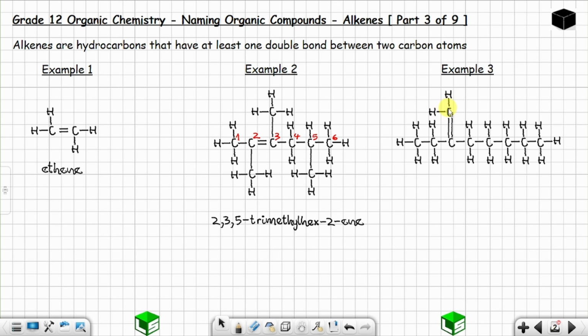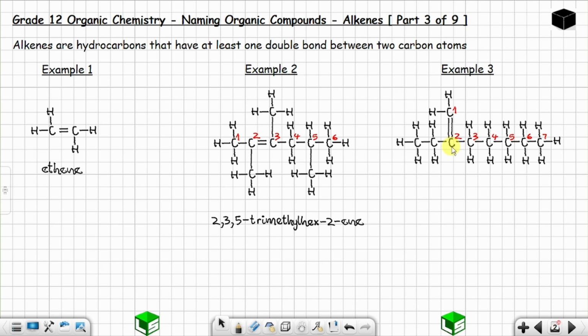But if I start from the other end, 1, 2, 3, 4, 5, 6, I have the double bond on carbon number 6. So I have to give my double bond the lowest possible number. So I'll start like this: 1, 2, 3, 4, 5, 6, 7. Now this is a branch.